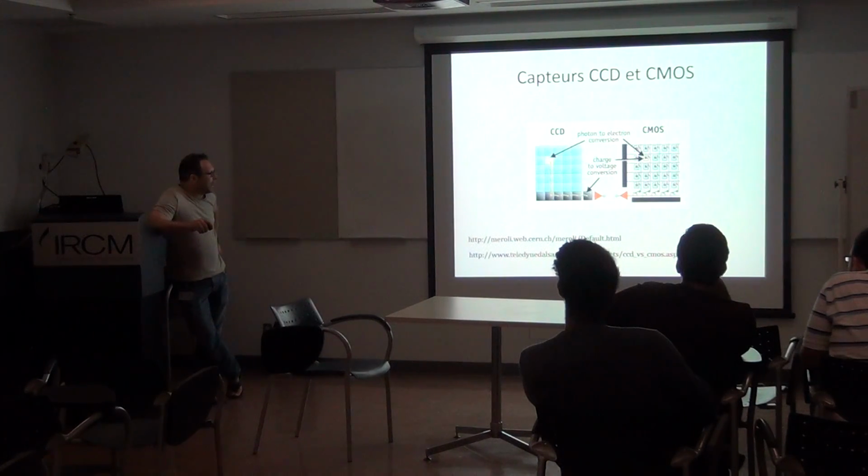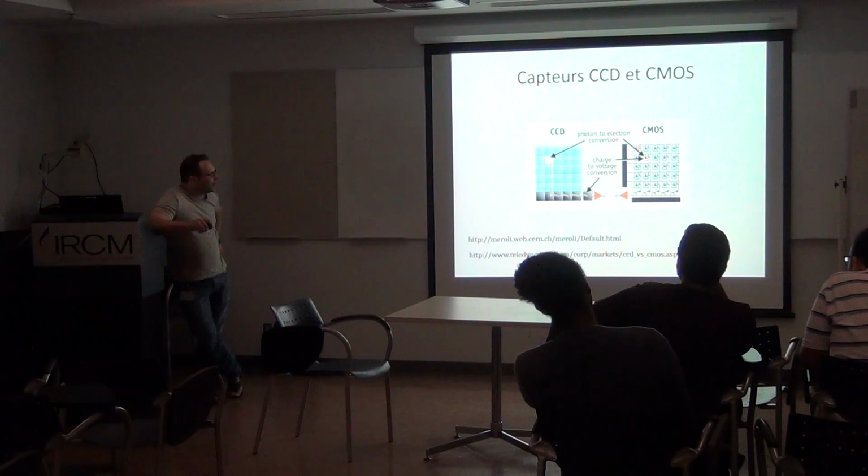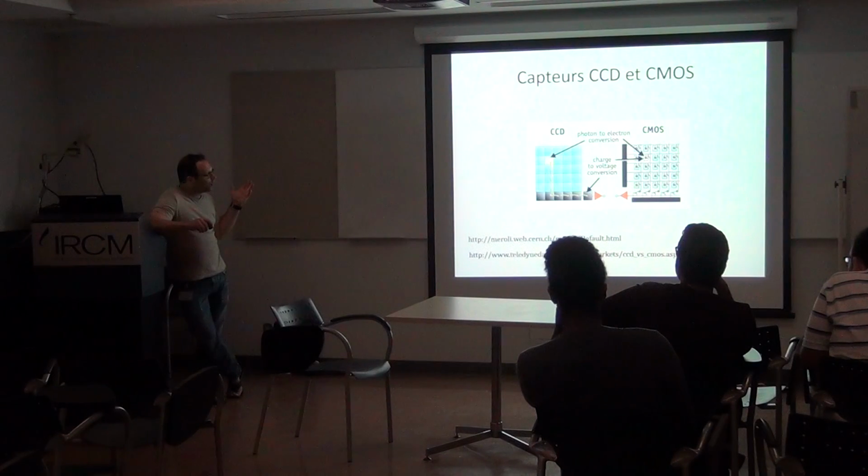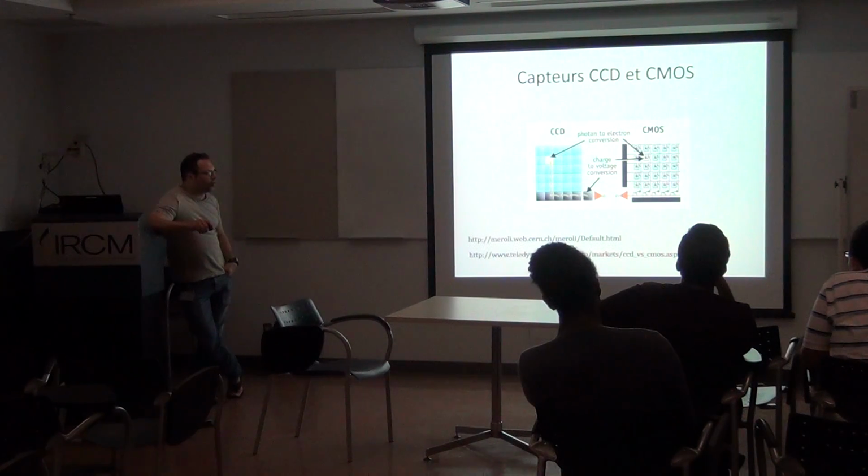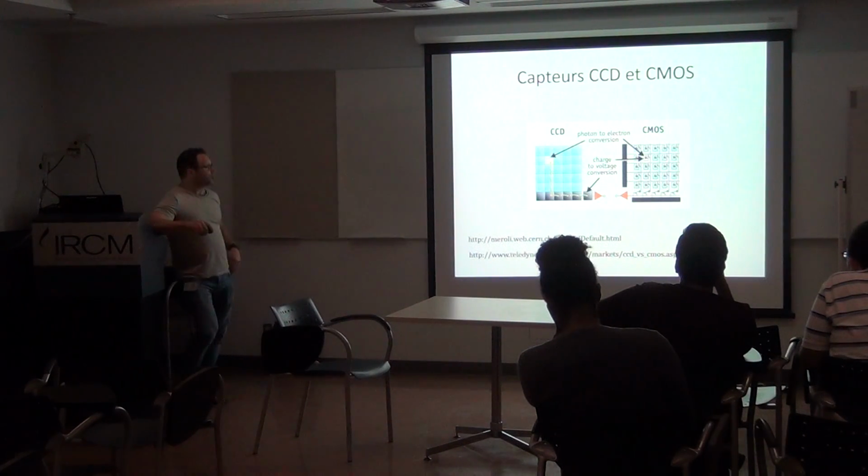Okay? And now the surface that detects: I think that the circuit is now behind, but in previous versions there was a certain area where it could detect the photon, and the circuit would also take a certain space. So that's why CMOS were not as efficient, because with the CCD all the surface was effective to capture.